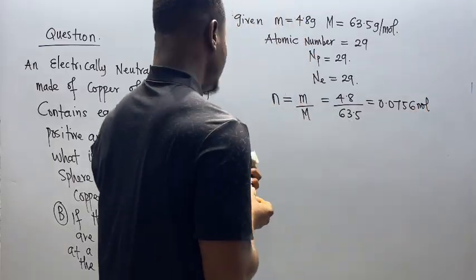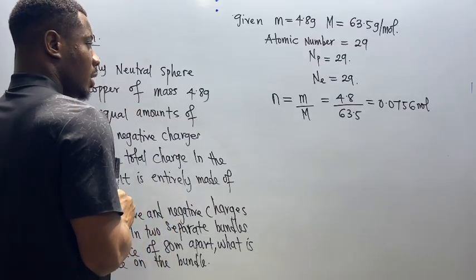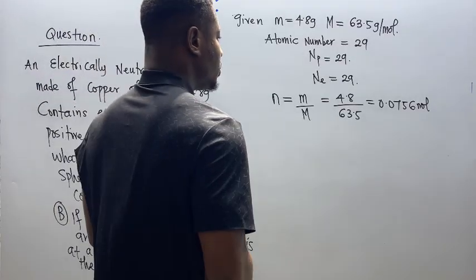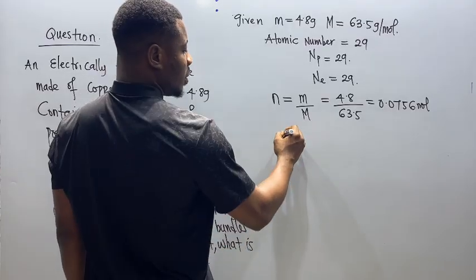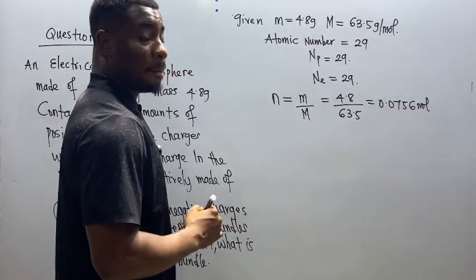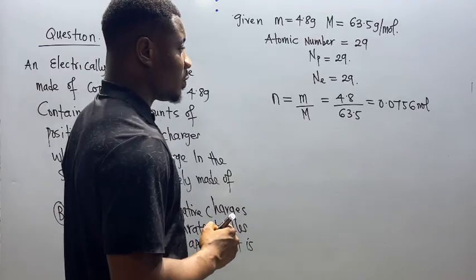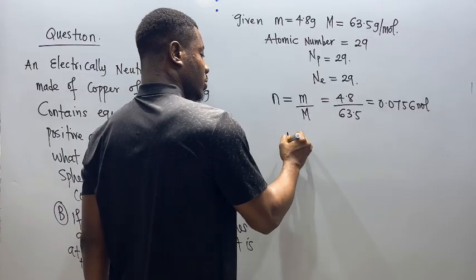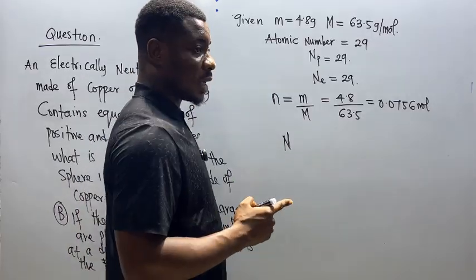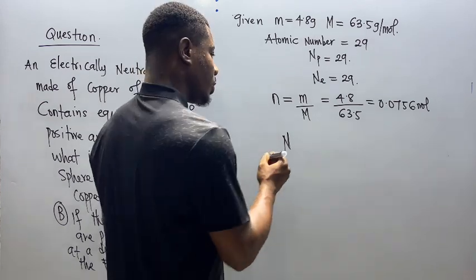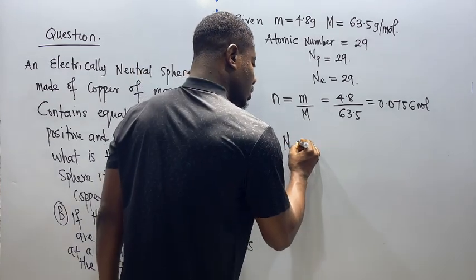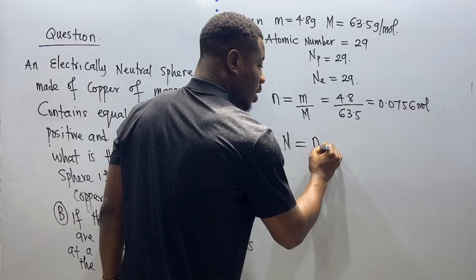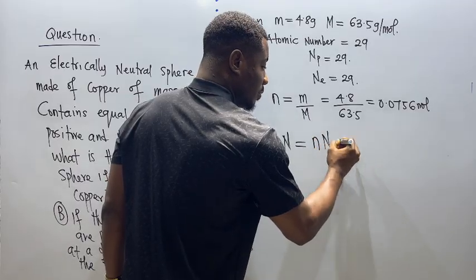Now I would also need to look for the number of atoms of copper. If I can get the number of atoms, I can get the number of protons. The number of atoms is equal to the number of moles multiplied by Avogadro's number.